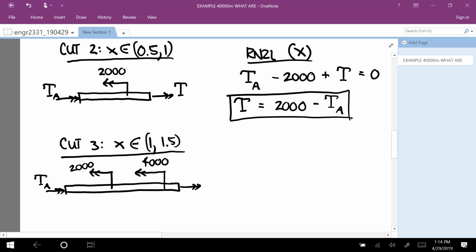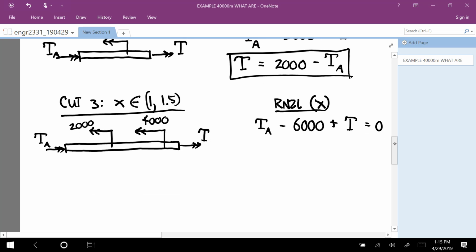And then the internal torque T. So the moment equation about the x-axis says TA minus 2,000 minus 4,000, so I'll just combine those. So TA minus 6,000 plus T is equal to 0. And so the internal torque on this piece is 6,000 minus TA.